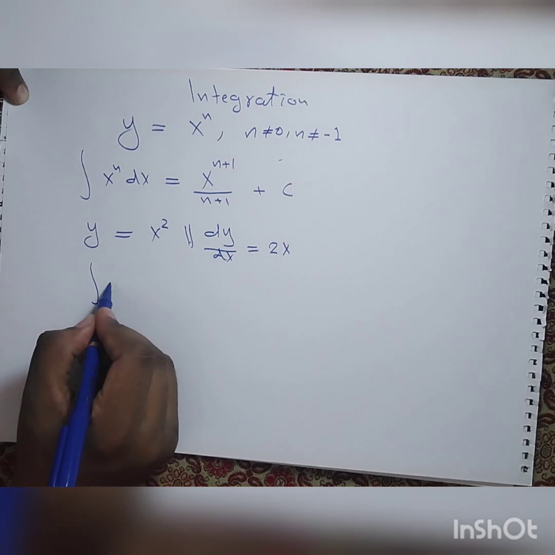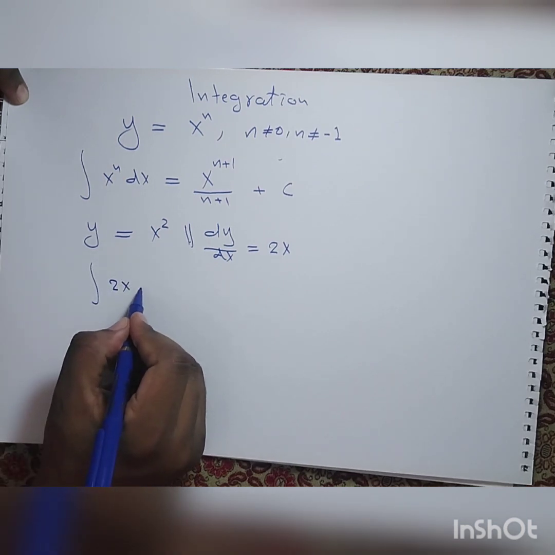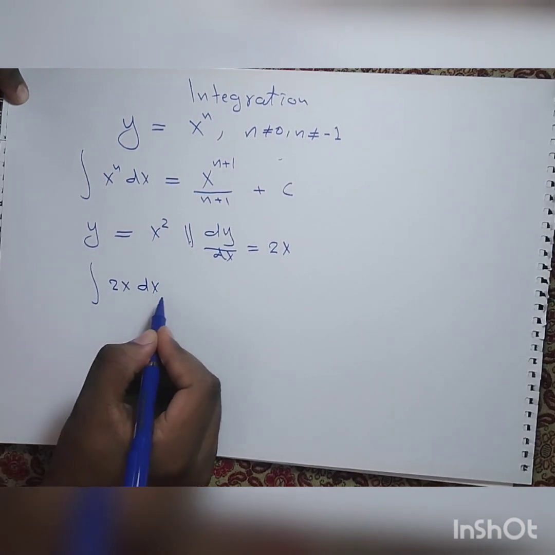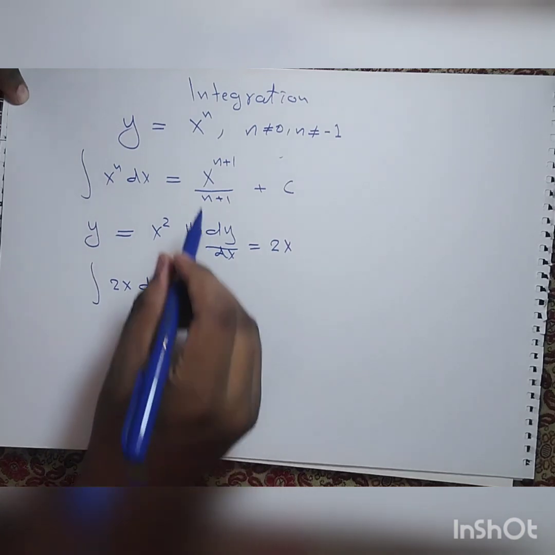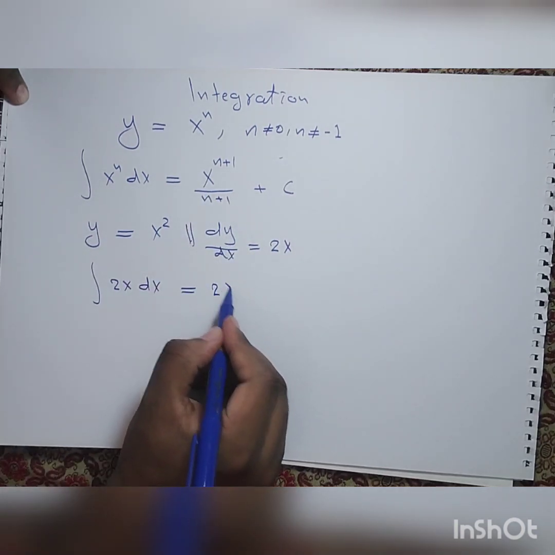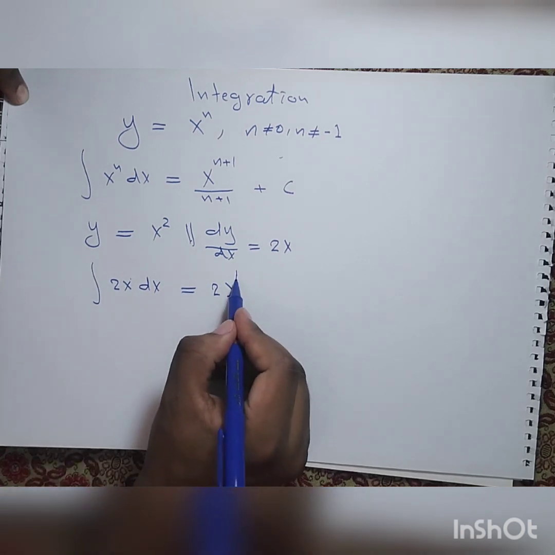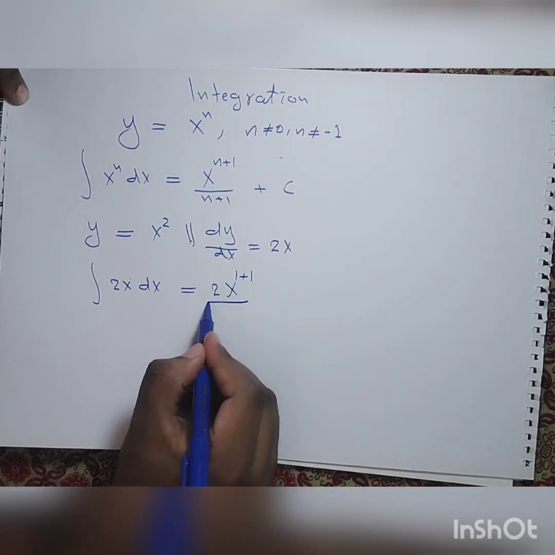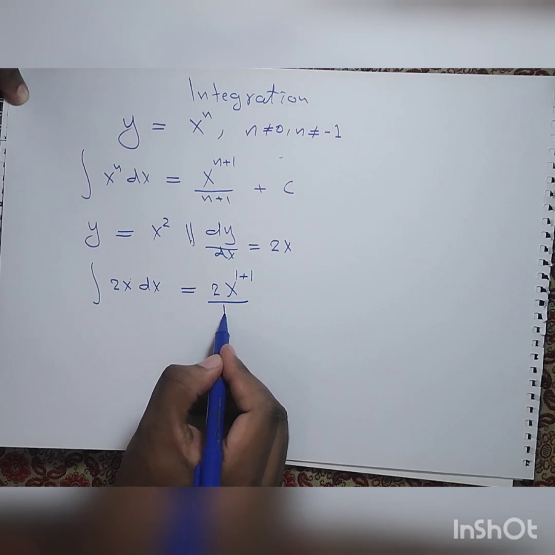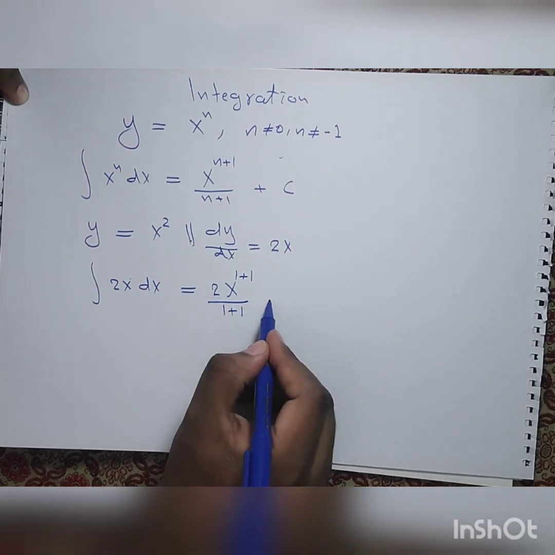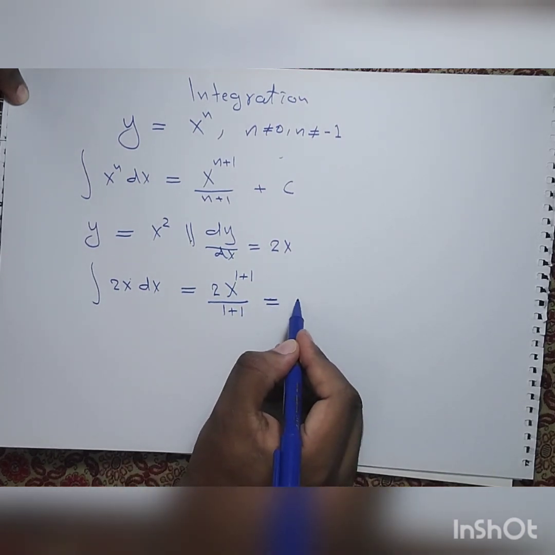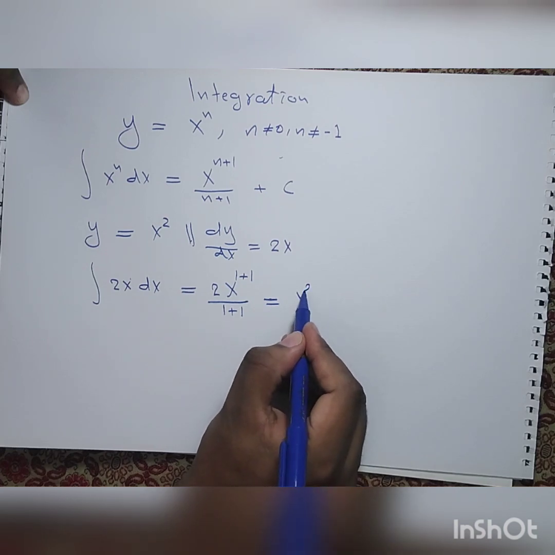If we integrate 2x with respect to x, we apply this rule. Here the exponent is 1, which means we add 1 and then we divide by the new power, which is also 1 plus 1. And then here we get x squared.